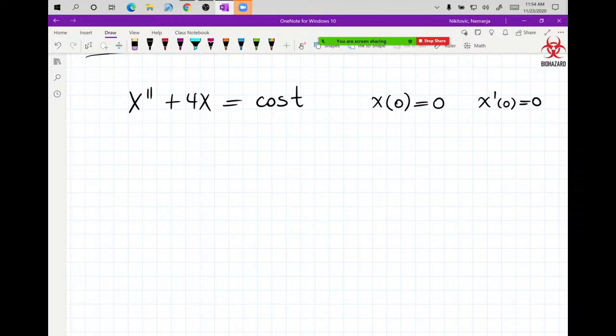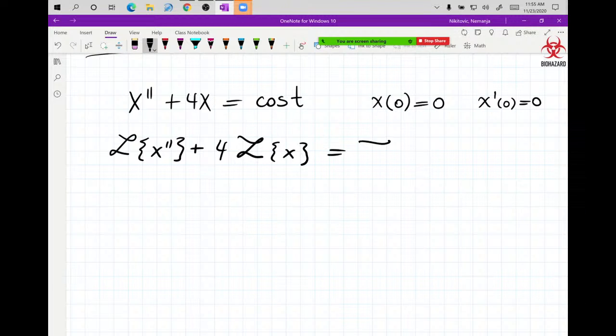Now let's see what Laplace is going to do. Laplace is going to say, okay, I have to transform all of this in one shot. So I'm going to take the Laplace of x double prime plus 4 times the Laplace of x, equal to the Laplace of cosine t.